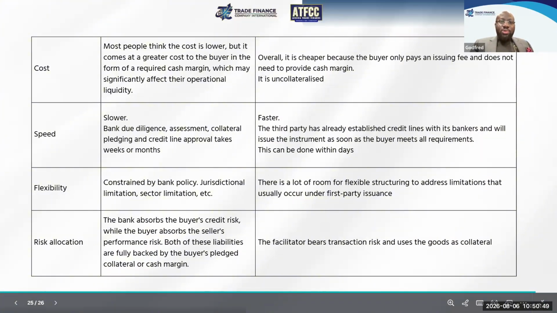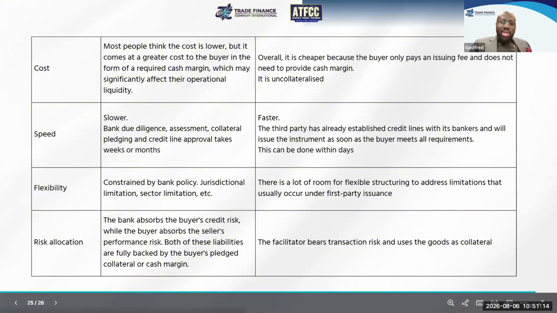So if you compare the two, some might think that the issuing cost in the first party is cheaper, but there's a greater cost, which is the collateral, the cash margin, and so on. In the third party market, overall, it is cheaper because the buyer only pays an issuing fee and does not need to provide cash cover or pledge any collateral.